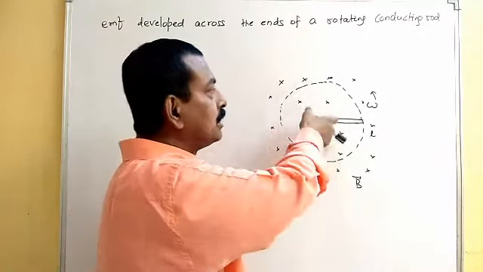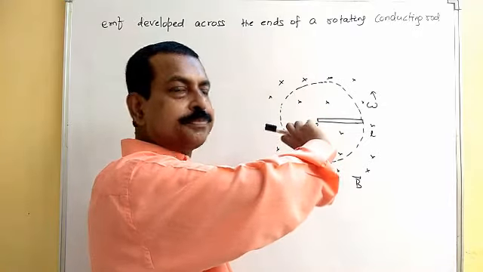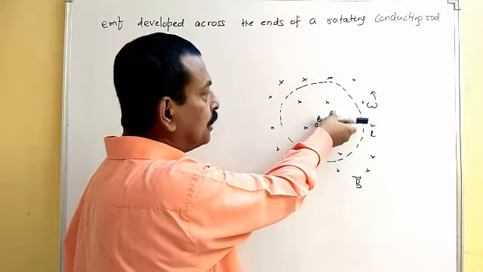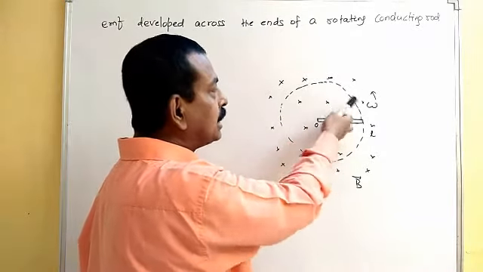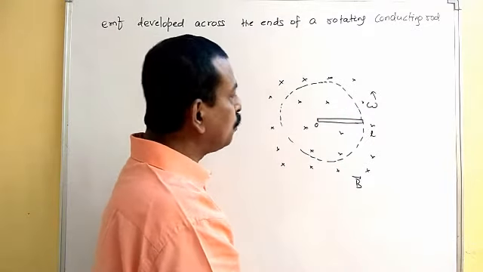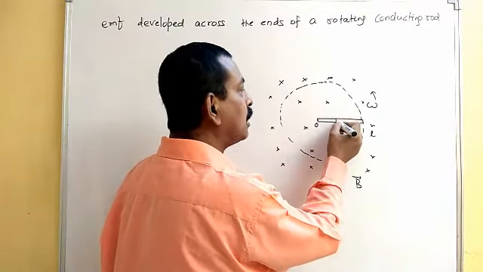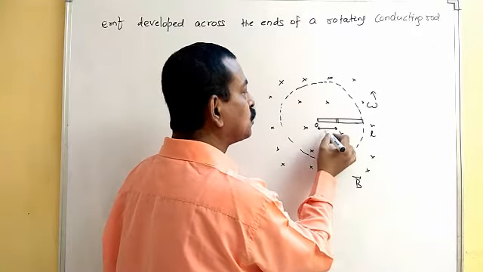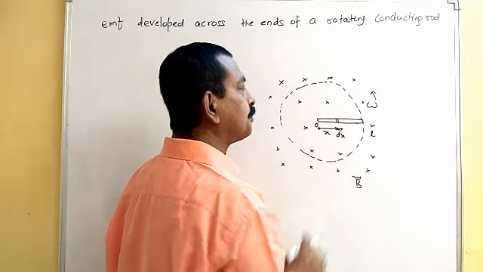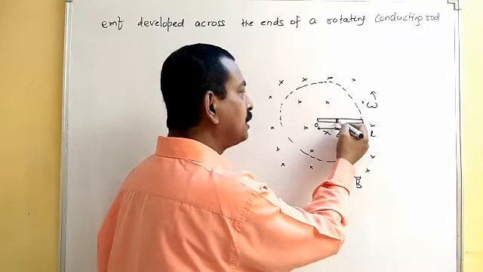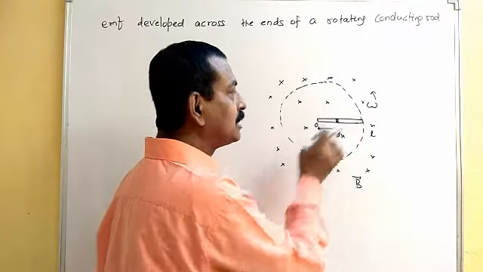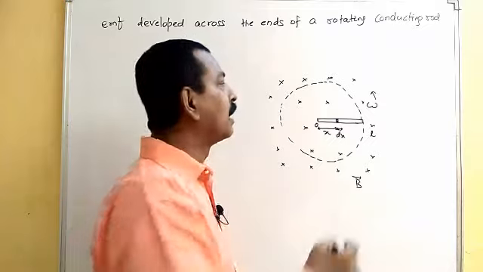Here it is rotating in the region of the magnetic field, so it will cut the magnetic lines of force along its length. Suppose we take an elementary section of the conductor at a distance x, with length dx.